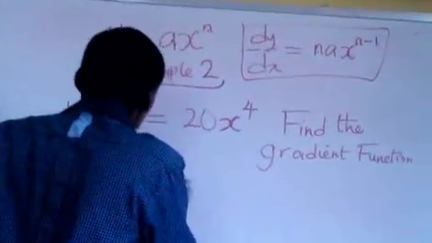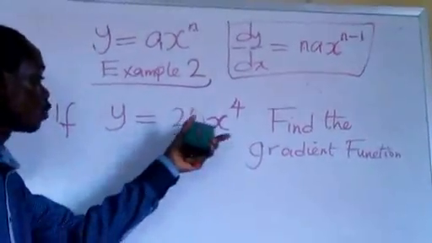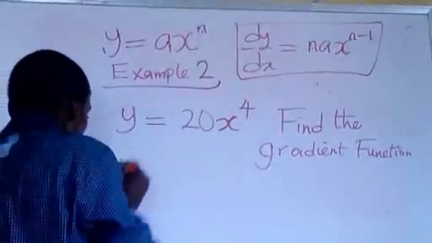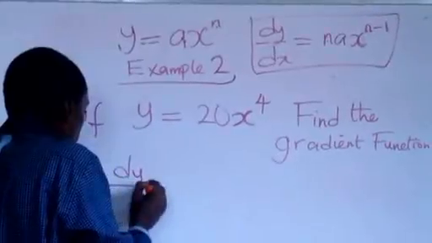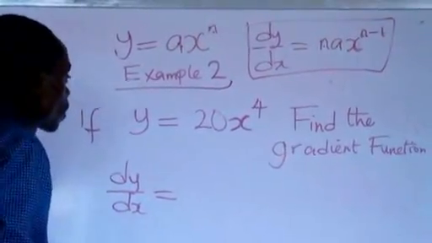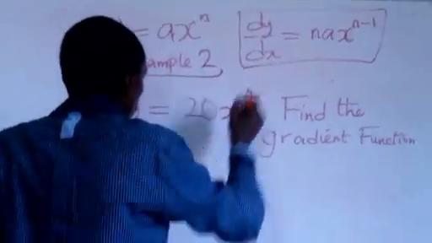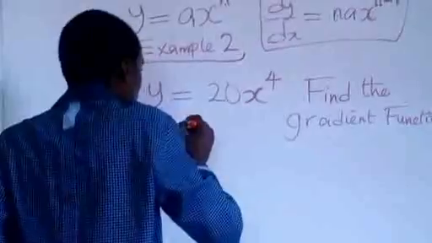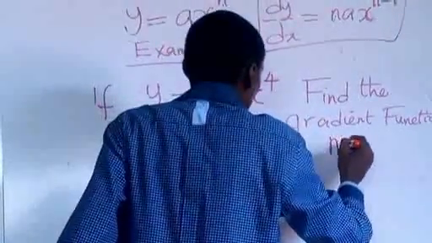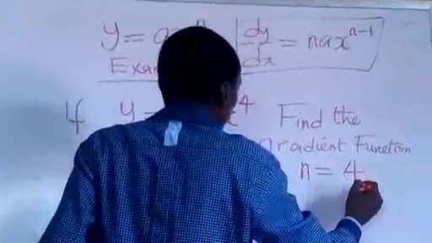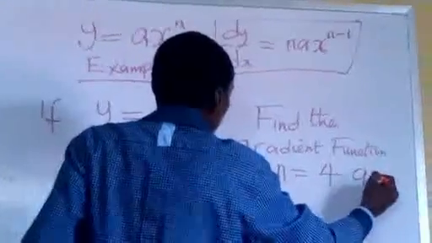So to find the gradient function for this function here, we write that dy/dx is equal to, we are going to apply this formula, n times a. In this case, our n is equal to 4, while our a is equal to 20.